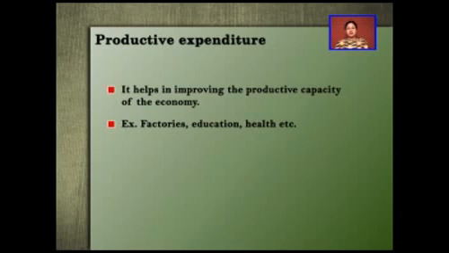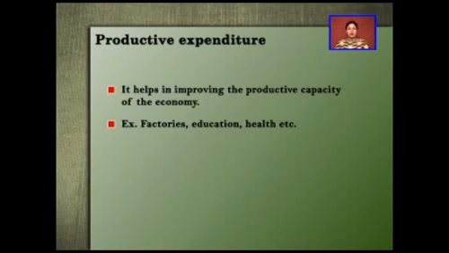In the field of education, the government makes a lot of expenditure on the establishment of schools and colleges. Ultimately, the schools and colleges provide skills as well as efficiency to the people to get jobs and to produce more. Health also is indirectly responsible for increasing the productive capacity of the country. The healthier the people, the more their productive capacity.